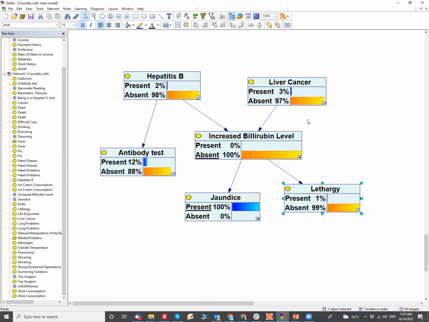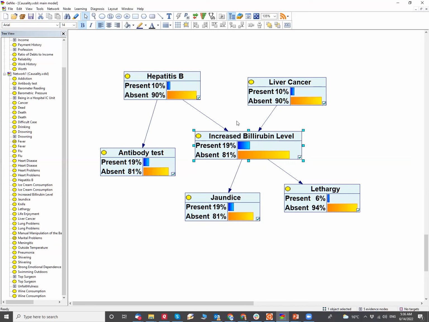Missing arrow. No, they can be made independent. What else? Can I make jaundice and lethargy independent? Sure, I can. By observing bilirubin, I'm breaking that common cause. Now they are independent.